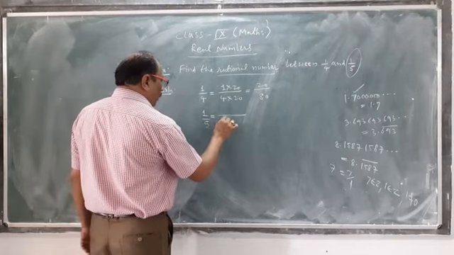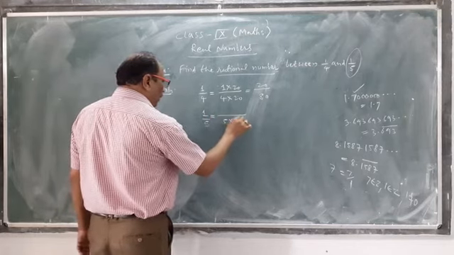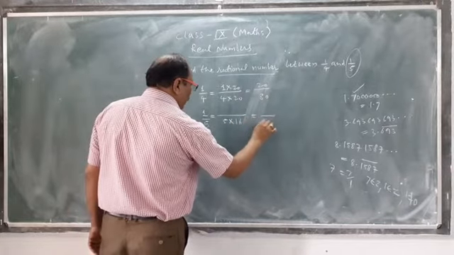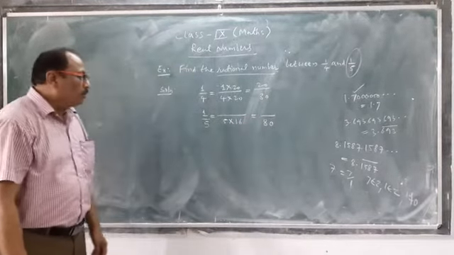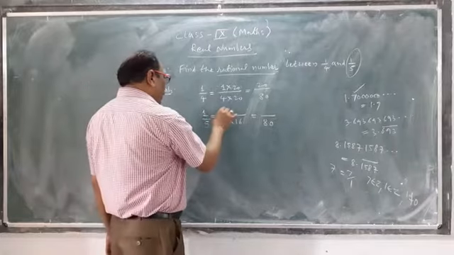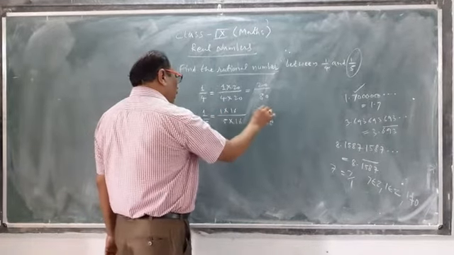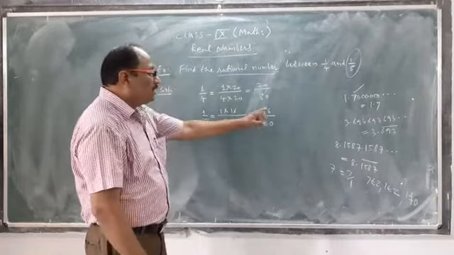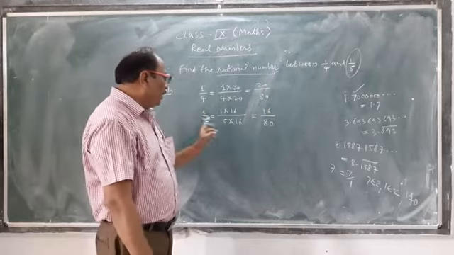Second, we take 1/5. That is 5, we have to multiply by 16, then we will get 80. In the numerator also we have to multiply 1 by 16, then we will get 16. 16 ones are 16 and 16 fives are 80.